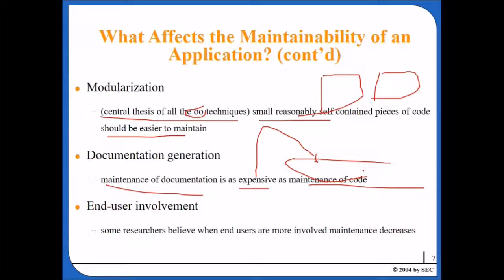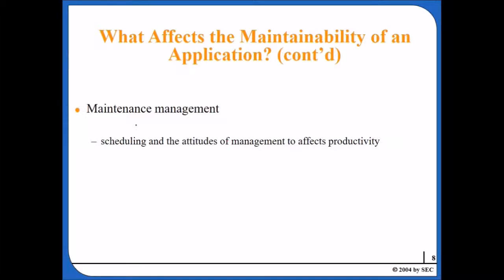End user involvement is also there. Some researchers believe that when end users are more involved, the maintenance effort actually decreases. Then maintenance management, scheduling, and the attitudes of management to these two affect productivity.